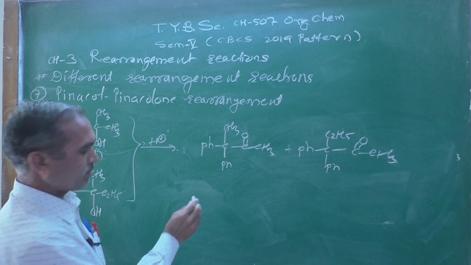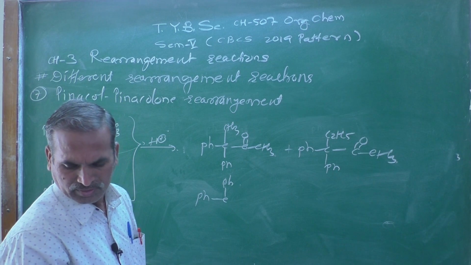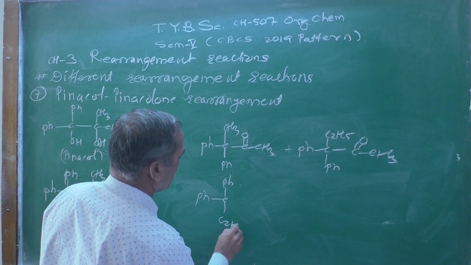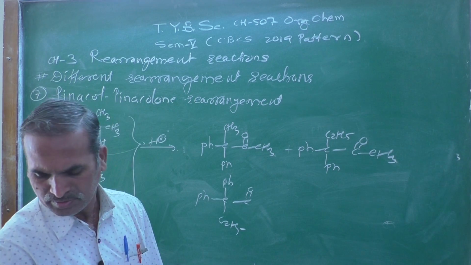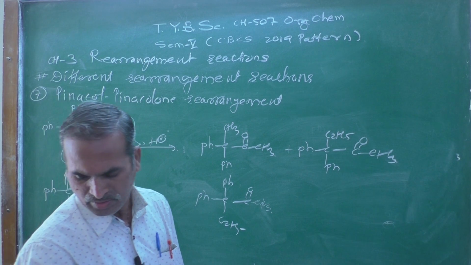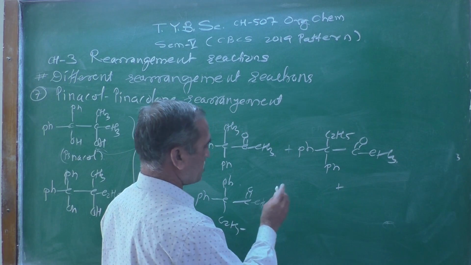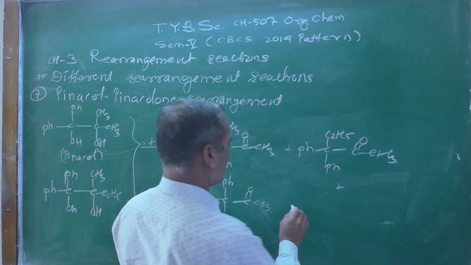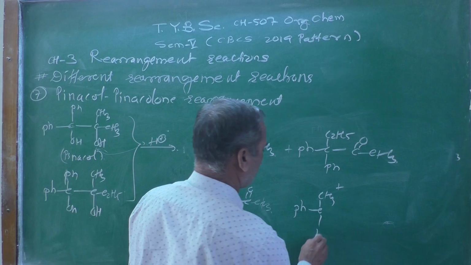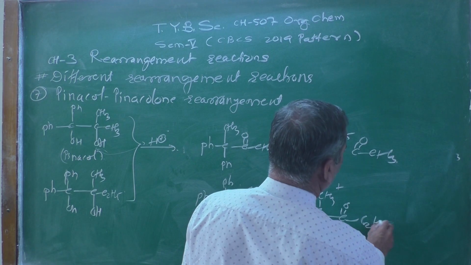In the same way, Ph, Ph, here may be C2H5, then C double bond O, CH3, and this one Ph, CH3, then Ph, C double bond O, then C2H5.